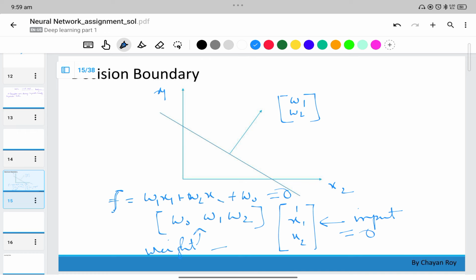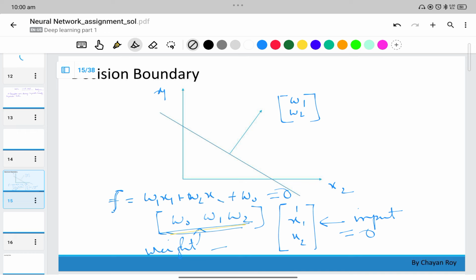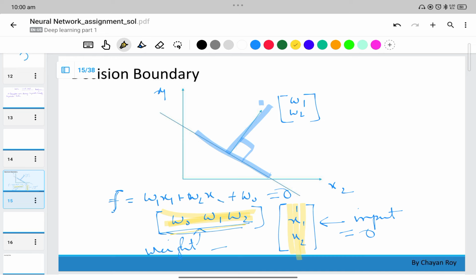So we can say that the weight vector w1, w2, w0 is perpendicular to the input vector. The input vector lies in this direction and the weight vector lies in this direction, and there will always be a 90-degree angle. This is the interpretation of the decision boundary.